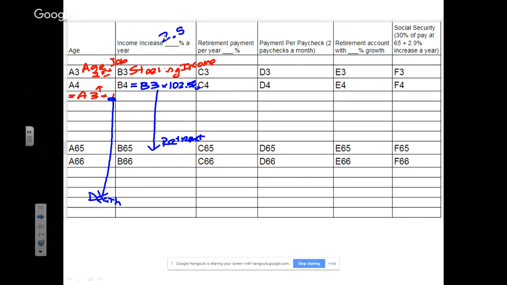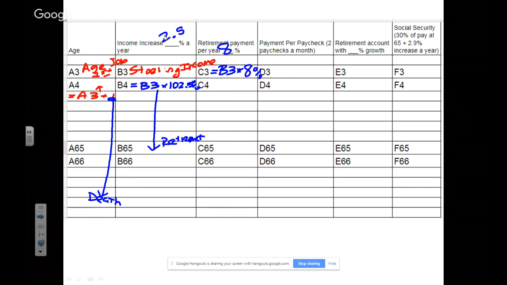C3. Yep, but let's come up with a percentage. What's a good percentage to put money away? 8. Okay, so let's just sneak in 8 there for a sample. And that C3 equals what? This equals B3 times 8%. Some of you wanted to call it 108%.